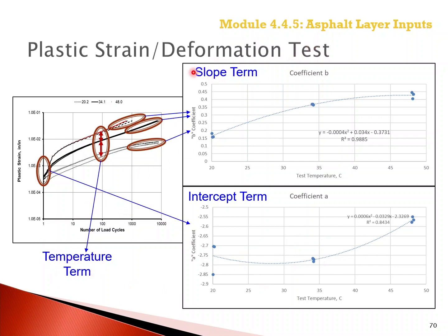So the slope term or exponent is determined in the steady state range.